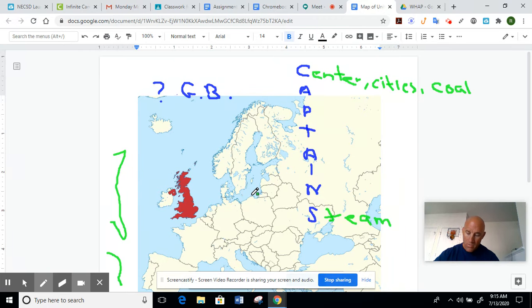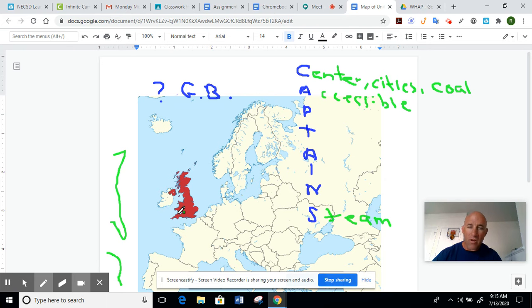All right, what does the A stand for? I know this is a stretch, but everything was accessible, meaning you can get access to it. Accessible to trade routes, like the triangle trade.